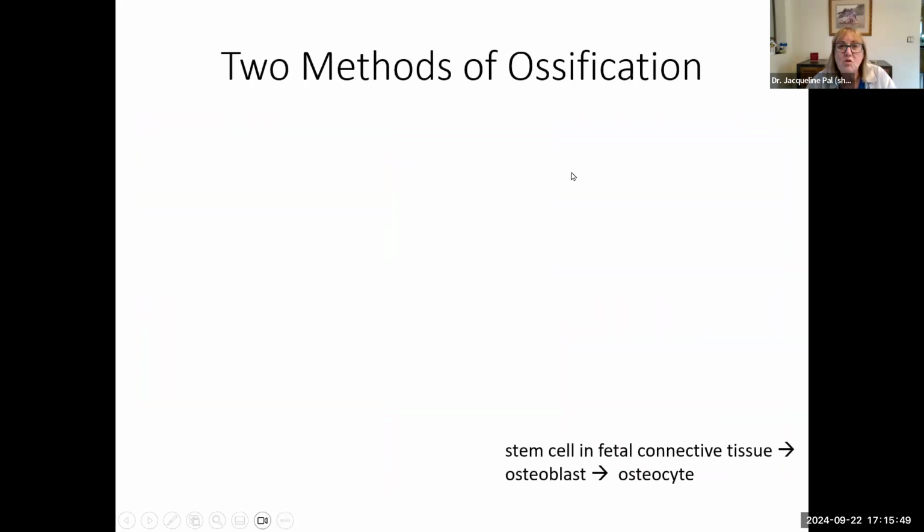And so there are two methods of making bone, and another word for making bone is ossification. And for both of them, they start with the same stem cell. So there is a stem cell whose name for this class you don't need to know, and is located in fetal connective tissue.